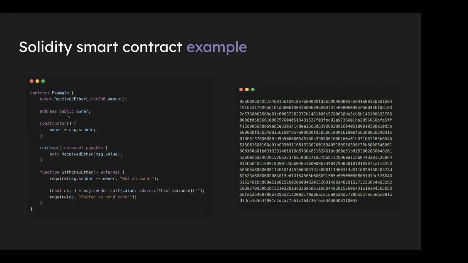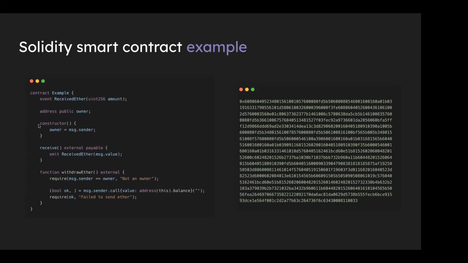It is the owner function. Even though it is a variable, because we have a public modifier, the Solidity compiler auto-generates a getter for this variable. So you will be able to call and get the owner of this contract without a transaction.